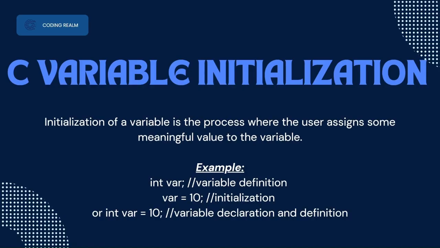I give the variable var a value equal to 10. Or we can write like this, integer var and on another line var equal to 10, or we can write like this, integer var equal to 10. We can put equal 10 here, or we can put it in another line.